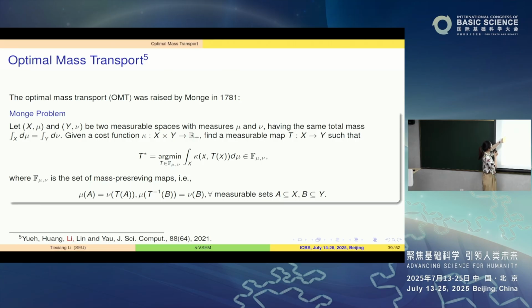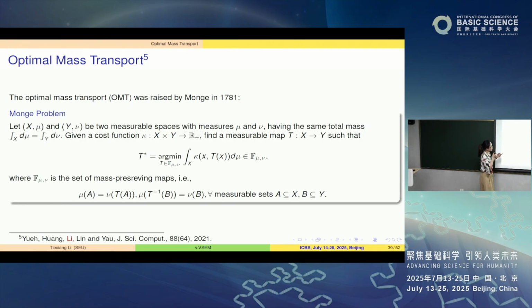If X and Y are two spaces with measures mu and nu, and they have the same total mass, and we define a cost function kappa, our goal is to find a measurable map T from X to Y, such that the T star can minimize the cost.